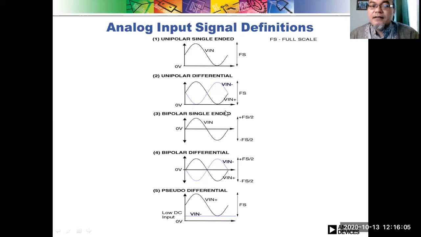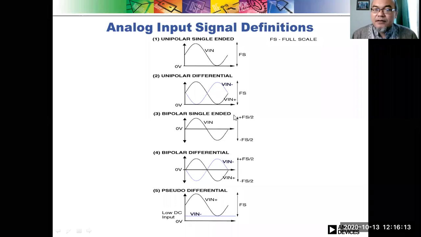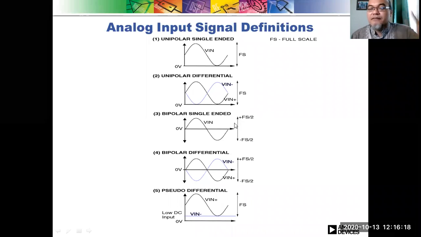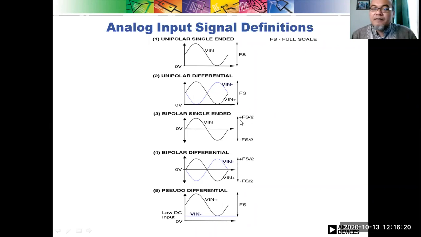Or bipolar single-ended, in this case plus minus. The input voltage will be plus minus full scale divided by 2, so the total range will still be that full scale value. If it is 10 volt, it will be from -5 to plus 5 volt if it is bipolar single-ended.